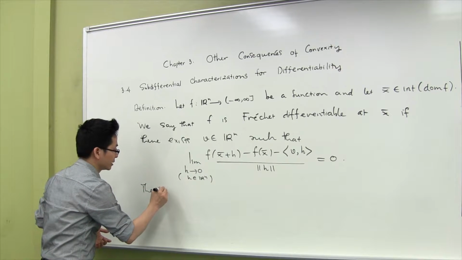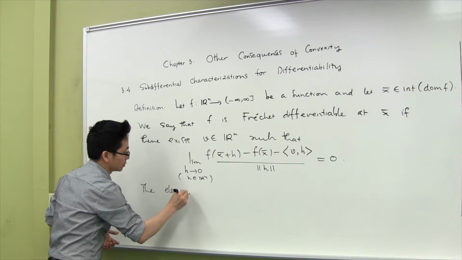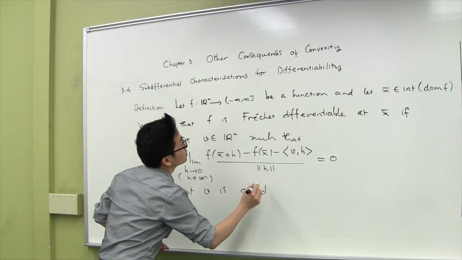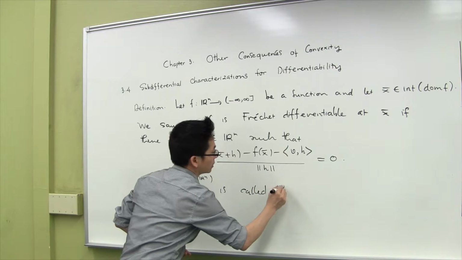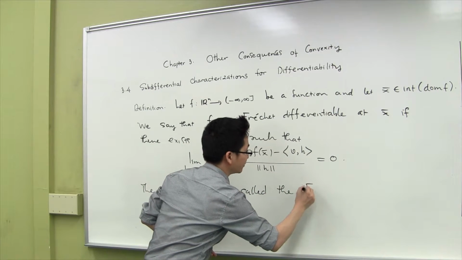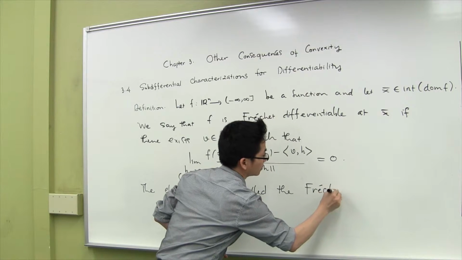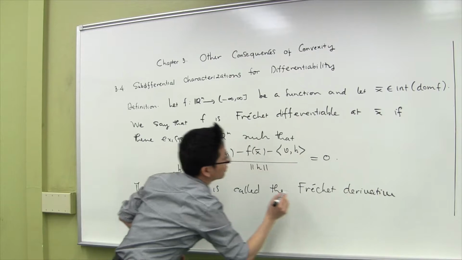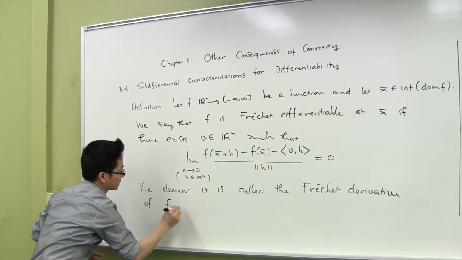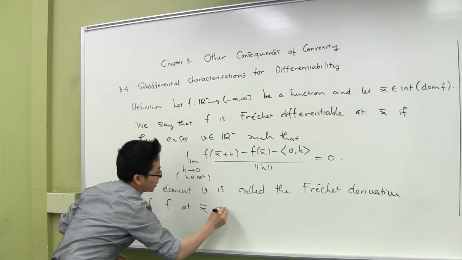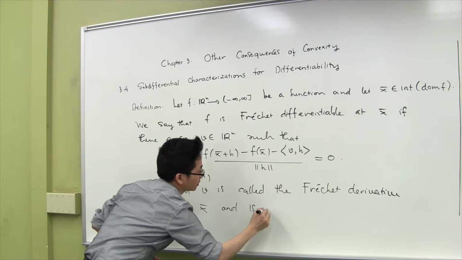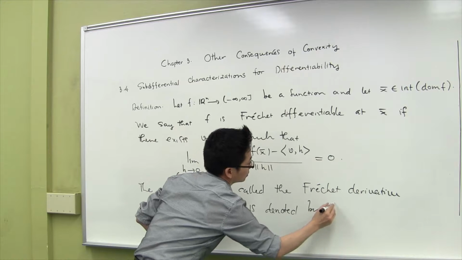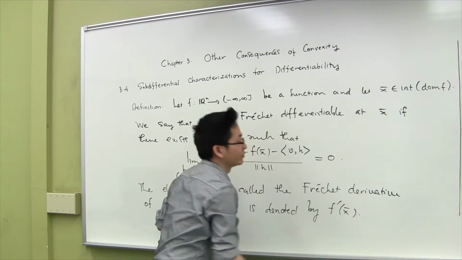The element v is called the Fréchet derivative of f at x bar and is denoted by f prime of x bar.